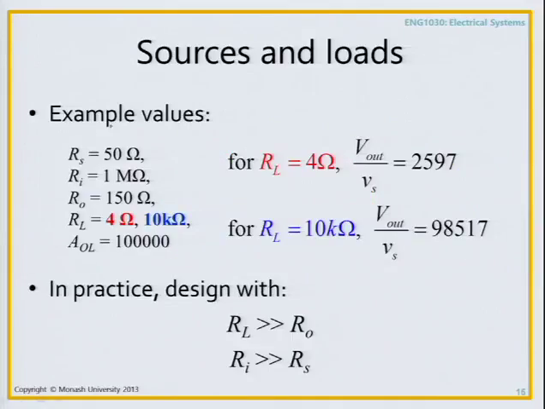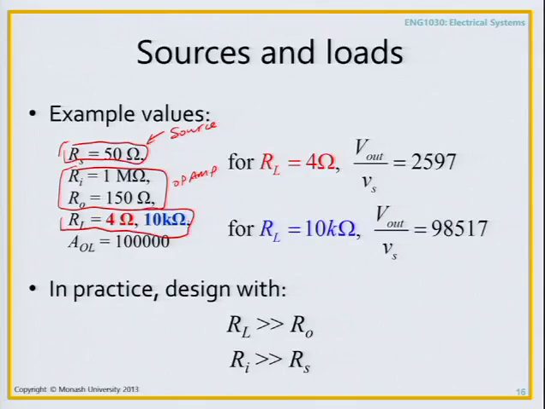Here's an example. I've just substituted a number of values in for Rs, Ri, Ro, and RL. I haven't got you to do it; I'll do it here. These are some realistic values for the op amp, this is a realistic value for the source resistance, and these are some possible values for the load resistance.